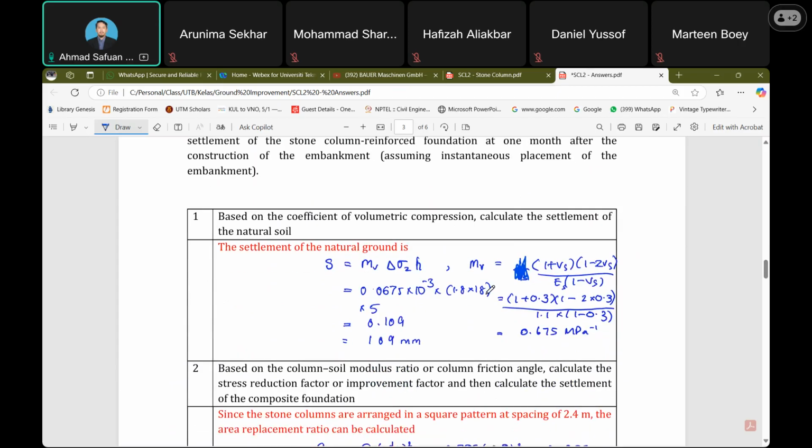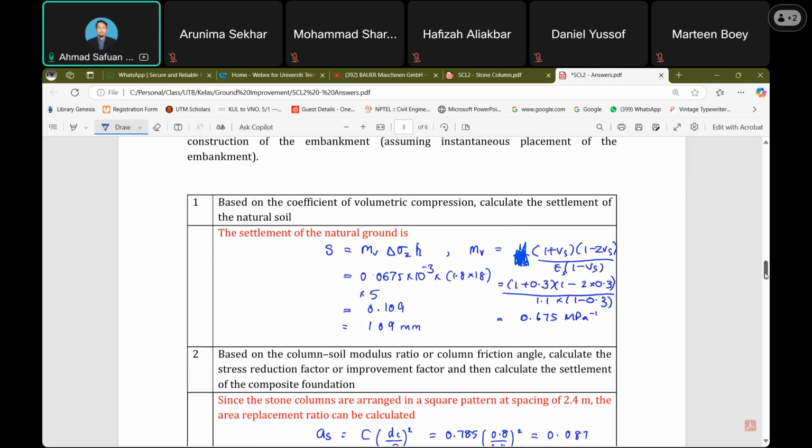So this is in kilonewton per meter square, so we need to change the megapascal to kilonewton or kilopascal. Then times the height, we obtain 109 millimeter. Okay, so that is for the S.